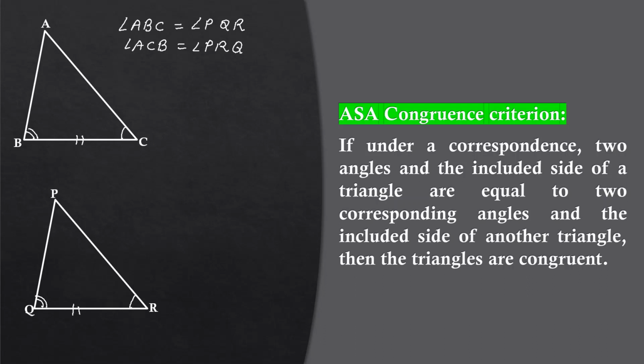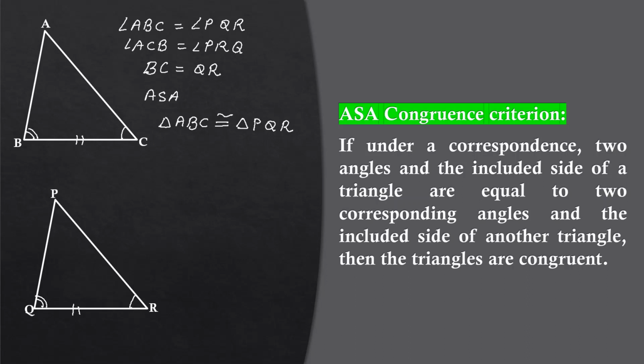So after these two angles are equal, if we come to know that the side BC is also equal to the side QR, then by using ASA congruency criteria, we can say that triangle ABC is congruent to triangle PQR.